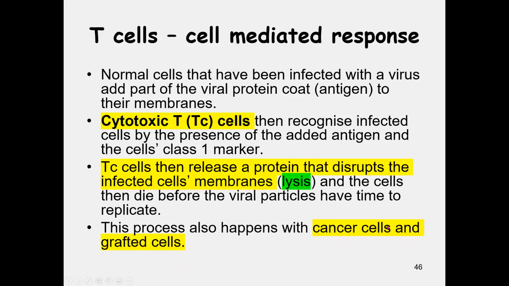And this also happens with cancer cells. So we do develop cancers regularly, the theory goes, but this system gets rid of them. Why sometimes this cancer isn't destroyed, I don't know. And grafts, skin grafts or tissue grafts, organ donors.